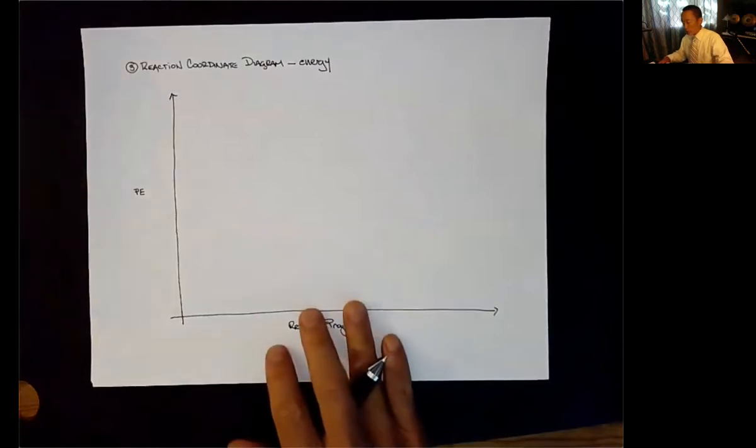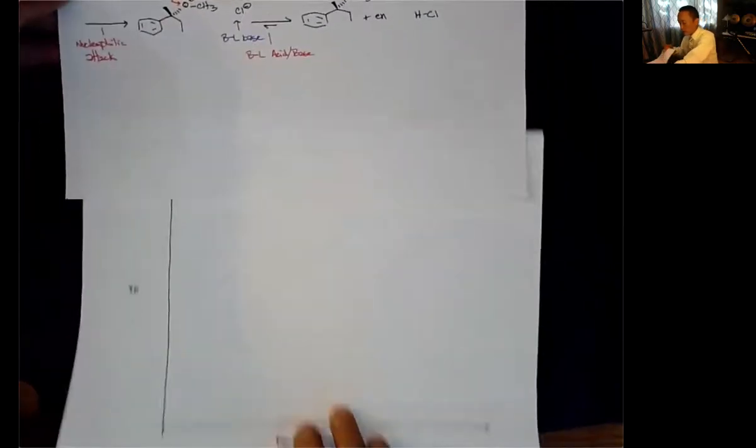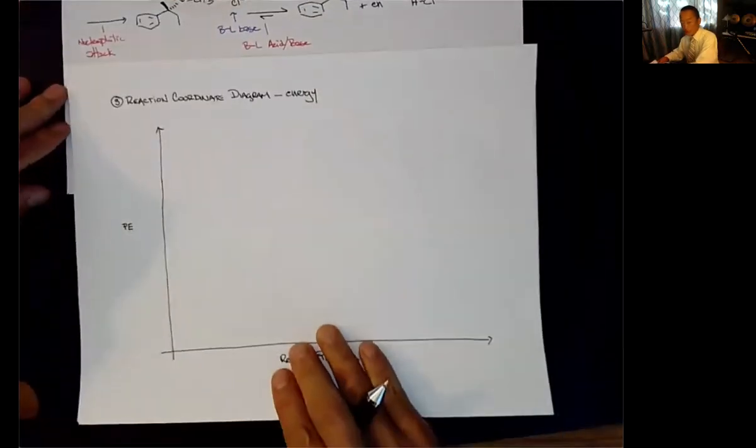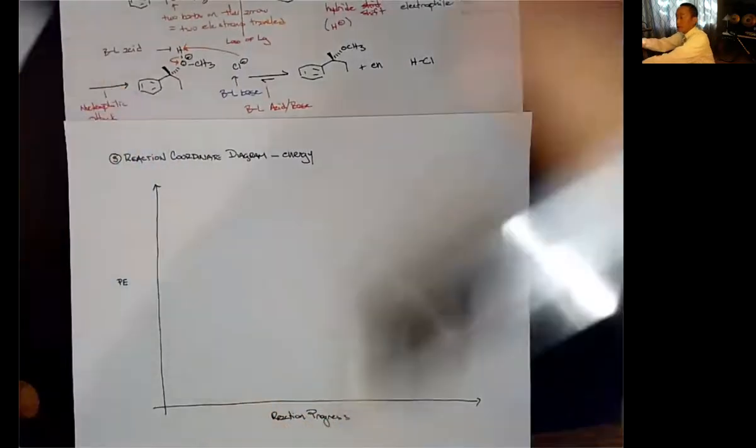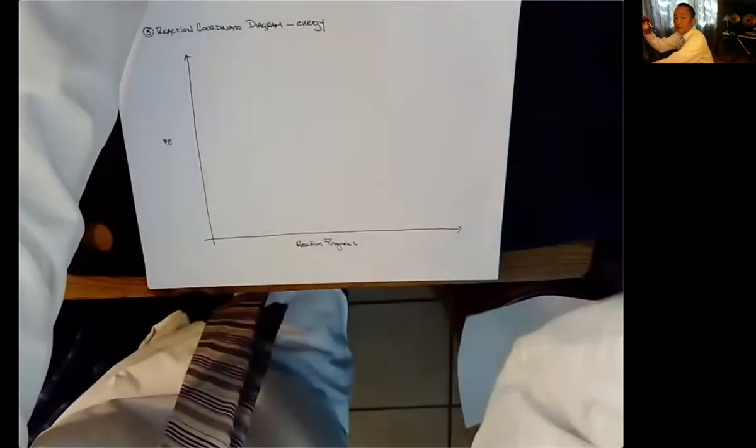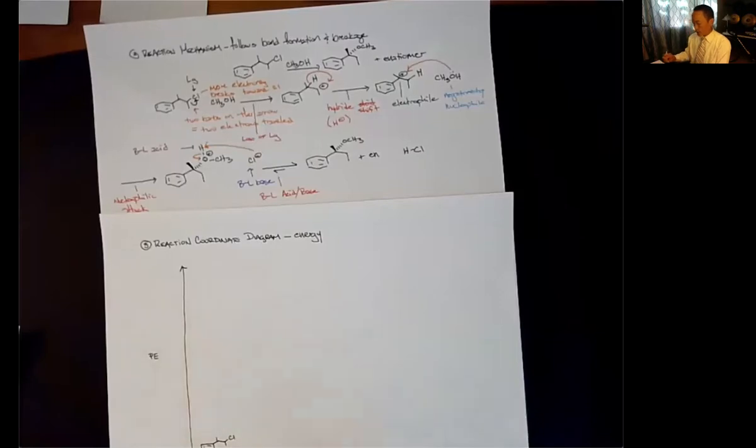And so when we look then at applying a reaction coordinate diagram to, and if I can just zoom out here, boom, to this reaction, then at the start of our reaction, we simply have this benzene ring that has that halogen on it, and it's sitting at some sort of energy.